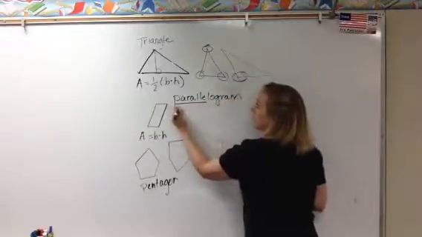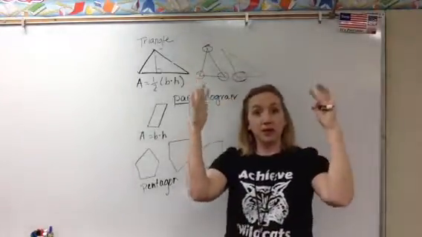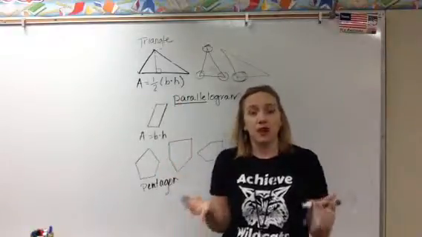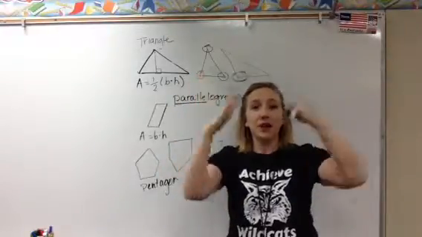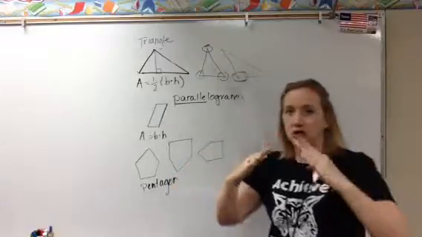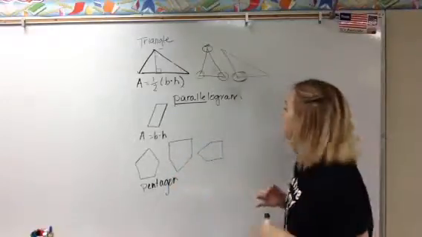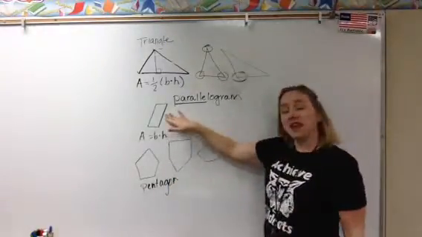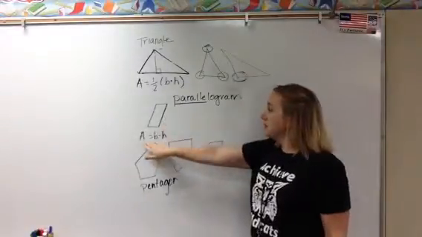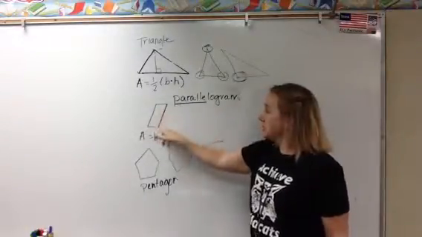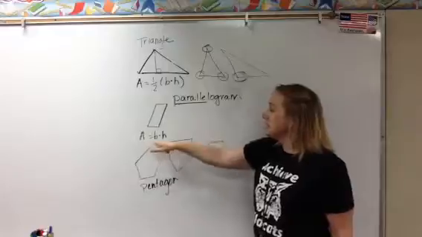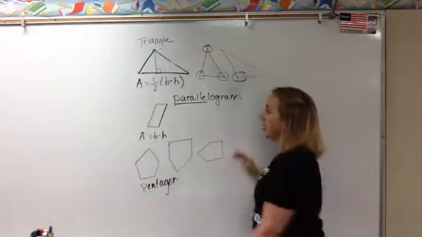Meaning you have two sides that are parallel. When I think of parallel, I think of railroad tracks. They can go on and on forever, and they should never intersect each other, meaning they should never cross each other. So in order to find the area of a parallelogram, again, area is the space inside. That's going to be your base times your height.